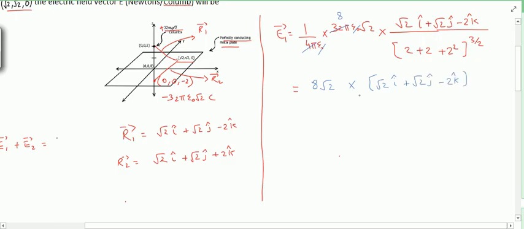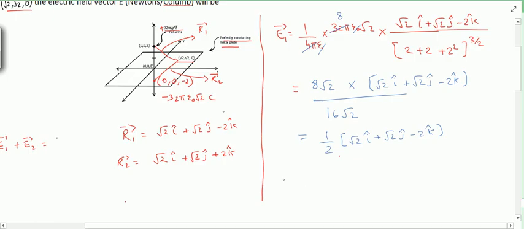And if you solve this part, 8 to the power 3 by 2 is 16 root 2. Okay, it will be 16 root 2. So you can simplify this as just 1 by 2 into root 2 i cap plus root 2 j cap minus 2 k cap.